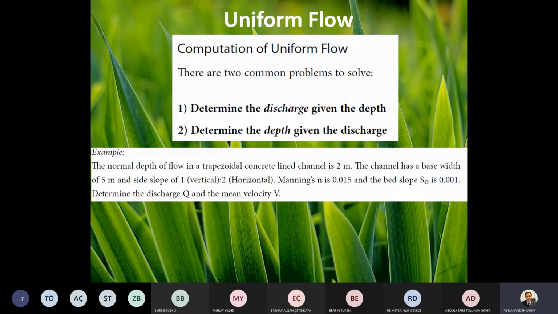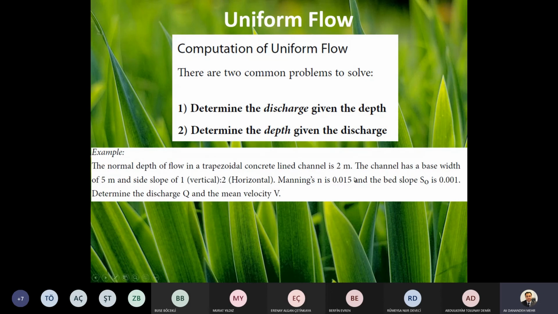The normal depth, cross-sectional information given, trapezoid, concrete lined, and depth also given, normal depth. The channel has a base width of 5 meters and sides of 1 per 2, 1 vertical, 2 horizontal. Based on this side slope, I can calculate area, wetted perimeter, hydraulic radius.